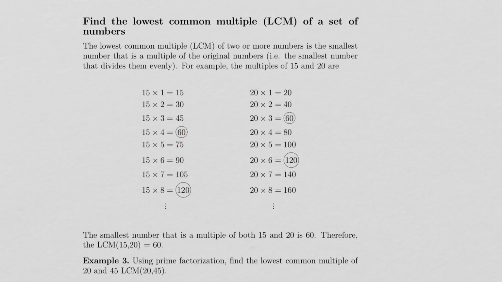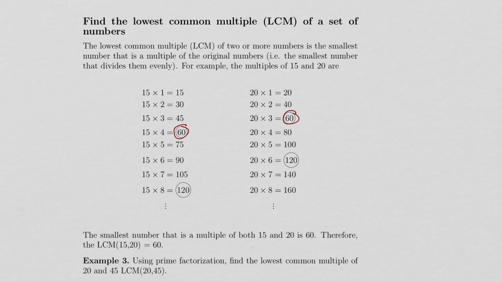I do the same thing with 20, right? So 20 times 1 is 20. 20 times 2 is 40. Times 3 is 60. Times 4 is 80, and so on. 100, 120. These are all multiples of 20. So what's the lowest common multiple? What number is common to both and is the lowest? Well, in this case, it's already circled here, the 60 and the 60, right?